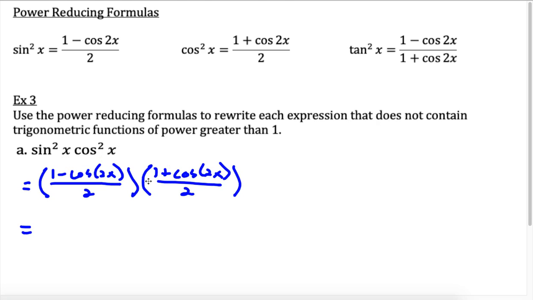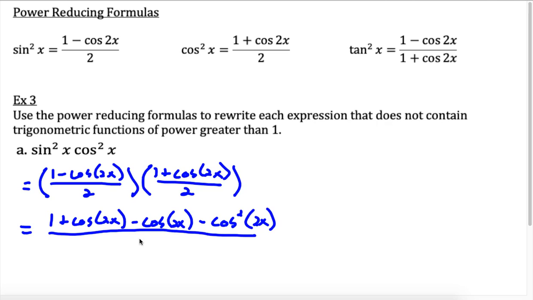So I would have 1 times 1 is 1. 1 times cosine of 2x would be plus cosine of 2x. Negative cosine of 2x times 1 would be minus cosine of 2x. And then negative cosine of 2x times positive cosine of 2x would be minus cosine squared of 2x. And that would all be over 4 then, if I multiply those together.